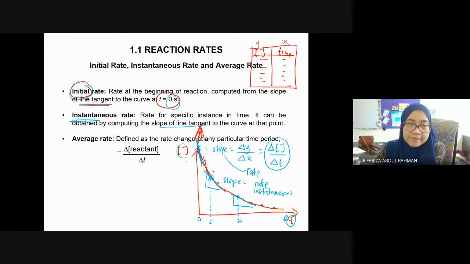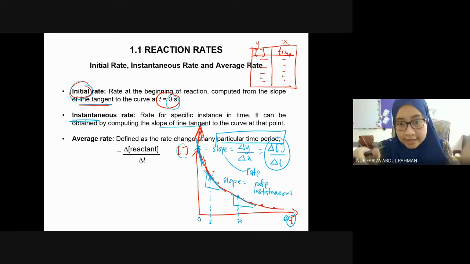Alright, okay. Last but not least, average rate. Okay, it is defined as the rate change at any particular time period. That means period. We have a duration of time. Nampak tak? Kita ada duration of time.